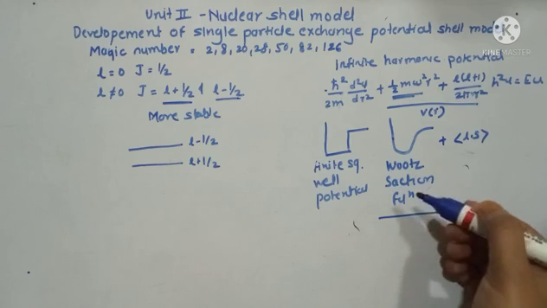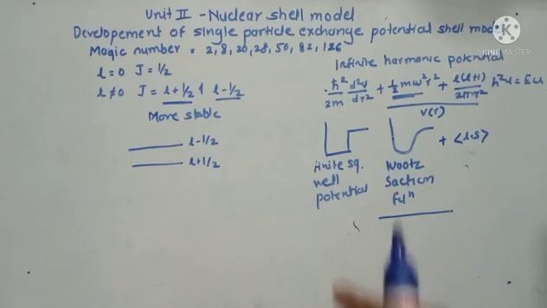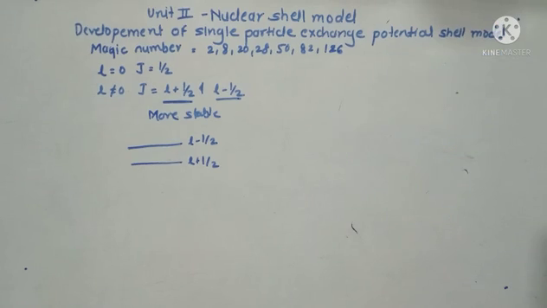Now the energy levels given by the Woods-Saxon function and this L dot S term are as follows.